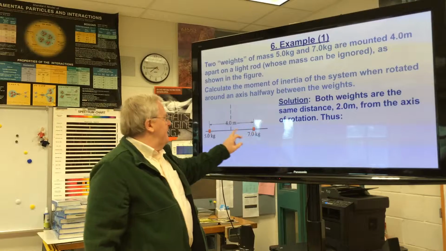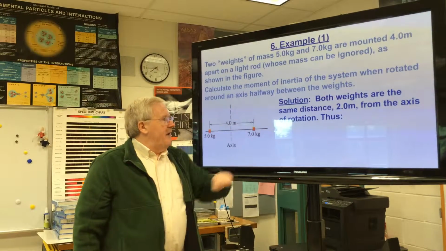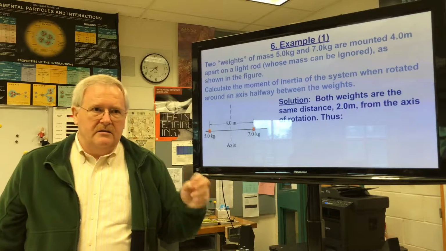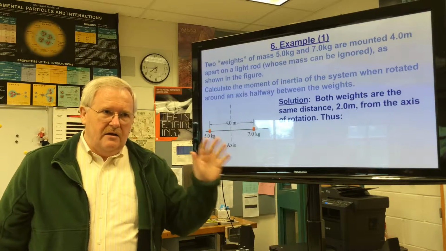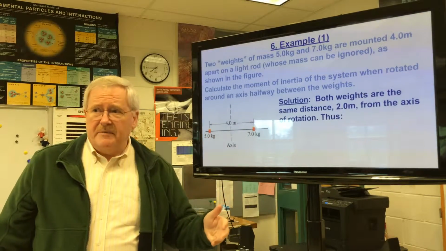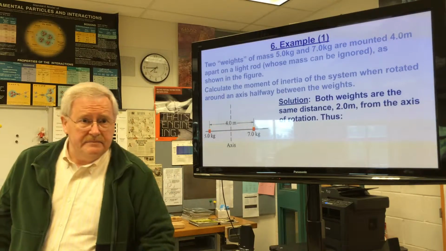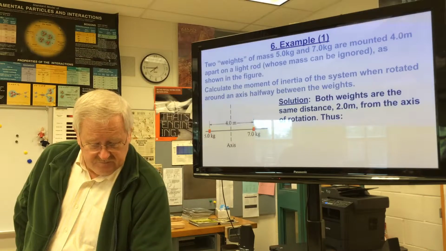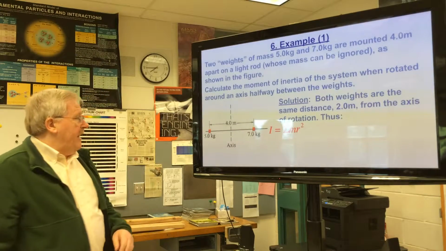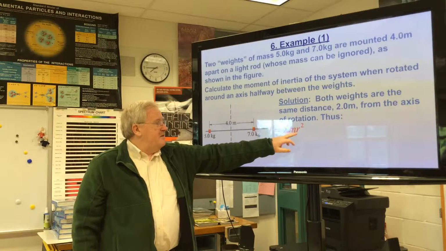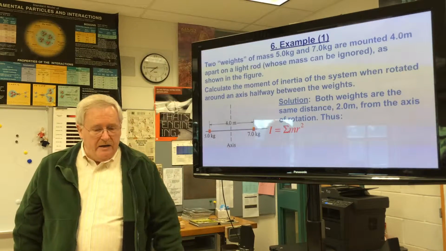So, both weights are the same distance, 2 meters, from the axis of rotation. This is where center of mass understanding becomes important from Chapter 7. For those of you who haven't done that, you might want to do that. The moment of inertia is the sum of the masses times the radii squared.